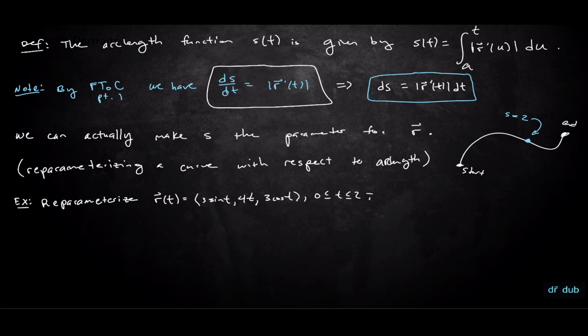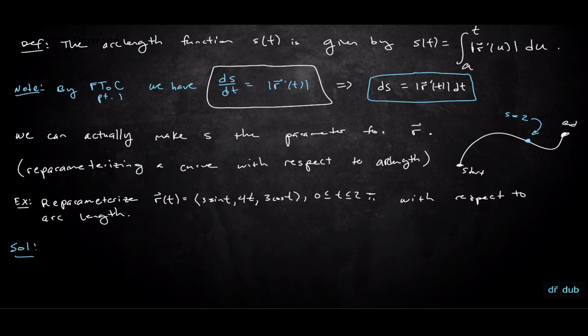So reparameterize this curve with respect to arc length. So basically make this a function of arc length. So make the parameter for r be arc length.